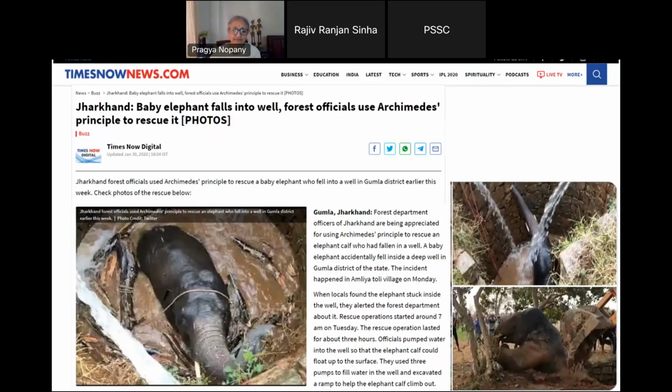So, this animal fell into the well, and the baby elephant was too heavy and too low down to walk out of it. So they poured water in the well. You see here on the right hand side top picture, they are putting water in the well. And you know, an elephant's body has about the same density as water. So gradually it floated up, and when it floated high enough, it could walk out of the well, or it could be pulled out of the well.